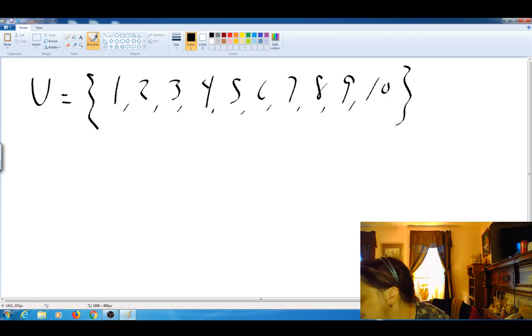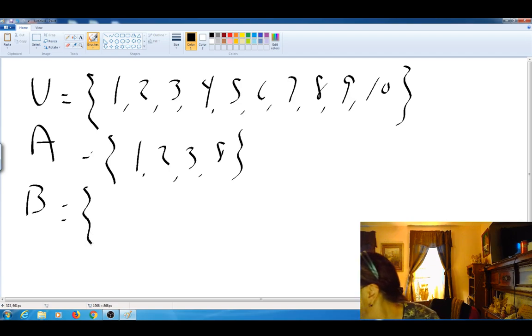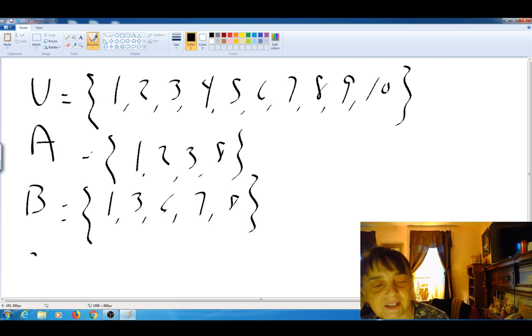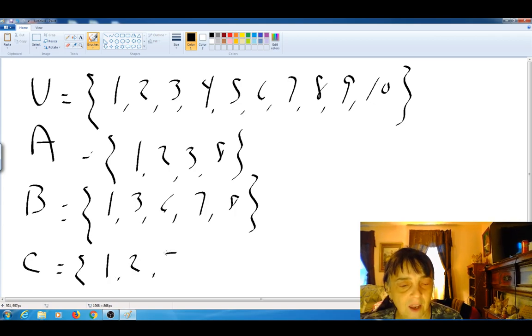The set A has 1, 2, 3, 8. The set B has 1, 3, 6, 7, 8. And the set C is 1, 2, 8, 9, 10.